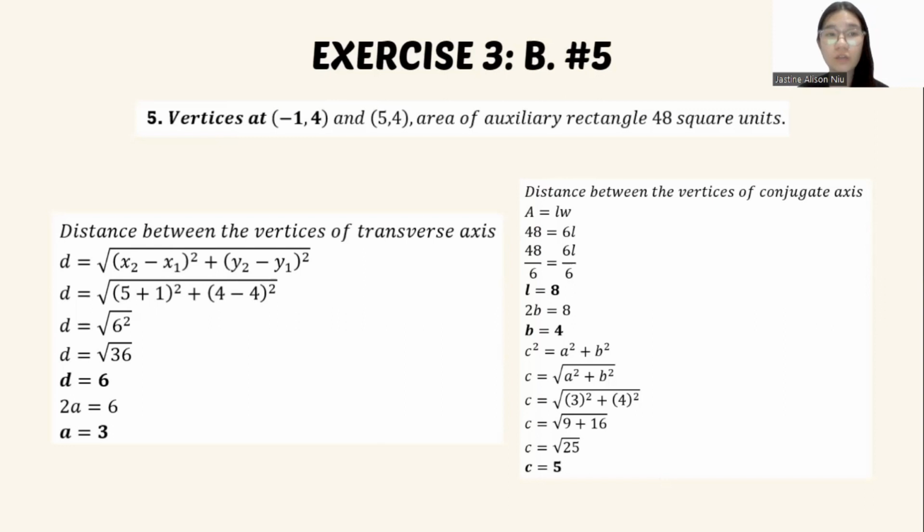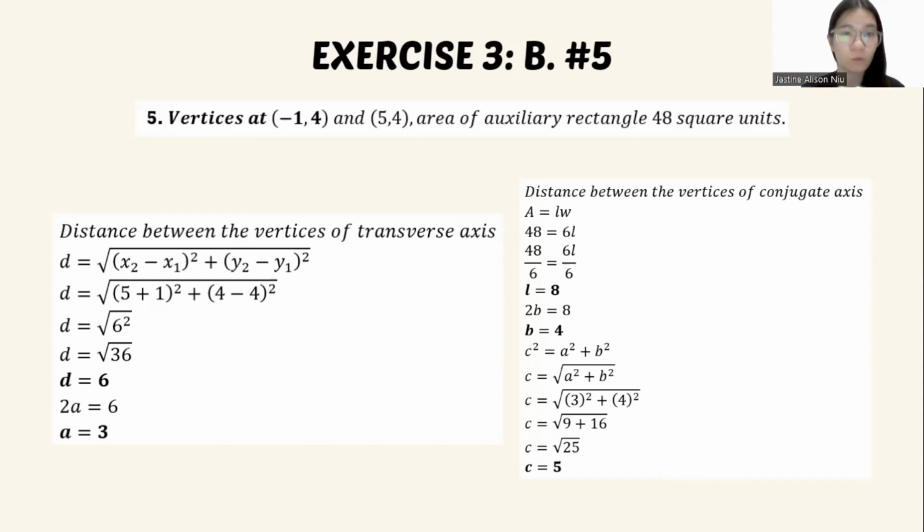We are going to find first the distance between the vertices of the transverse axis. The formula of the distance is d equals square root of quantity x2 minus x1 squared plus y2 minus y1 squared. Substituting the values, it will be square root of 5 plus 1 squared plus 4 minus 4 squared.